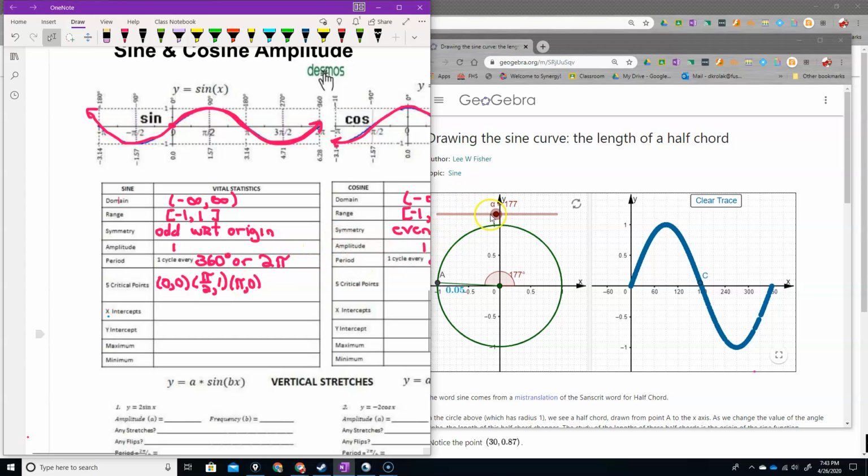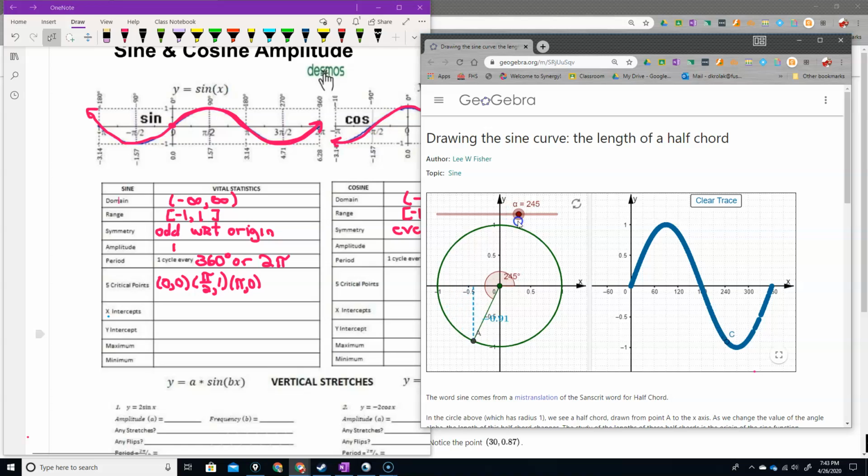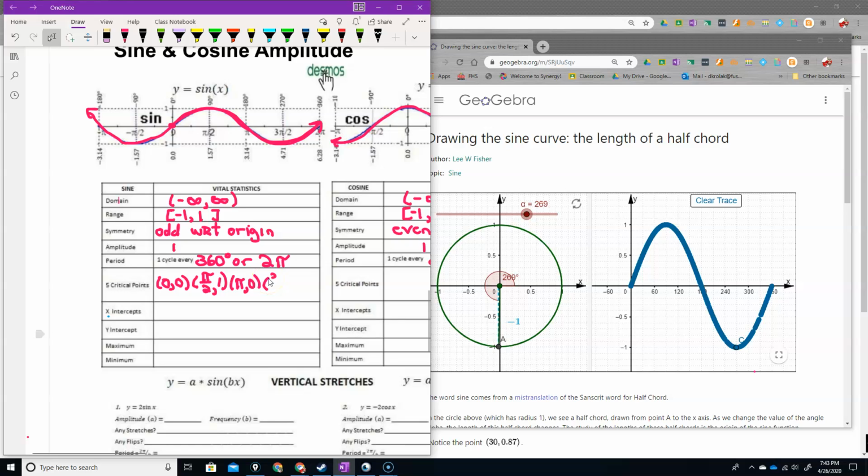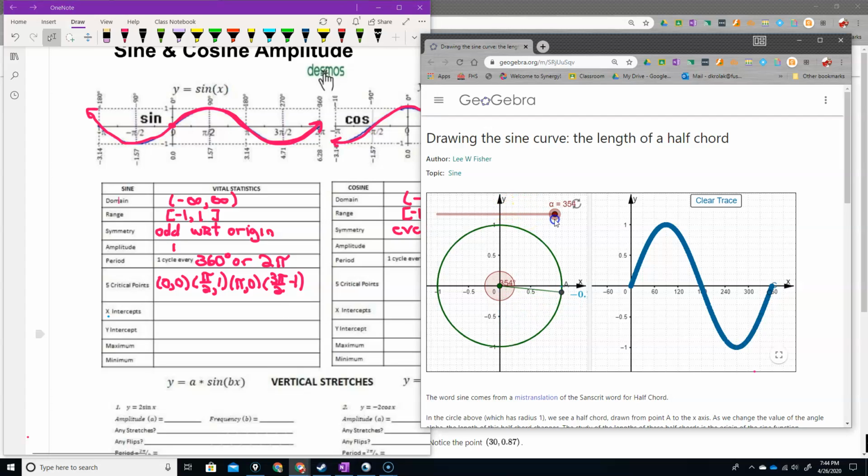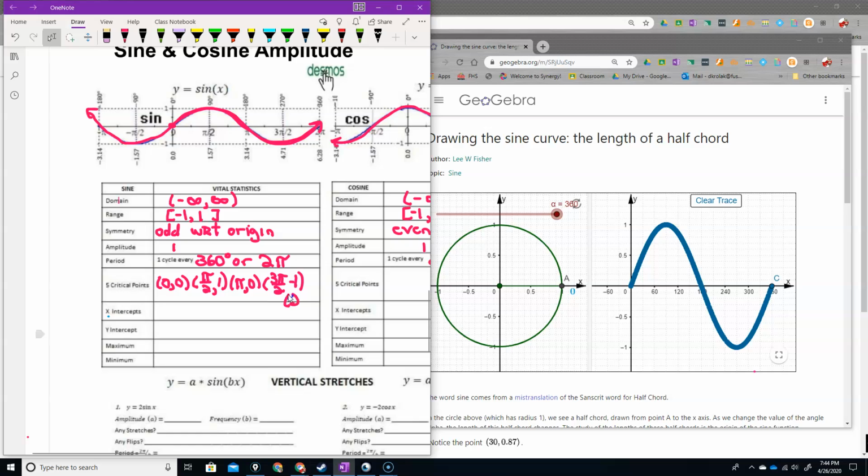And then as I keep going, and I get to 270 degrees, sine is negative 1. So that's at 3 pi over 2. And then when I'm back to 2 pi, it starts all over again. So here I write 2 pi, 0.